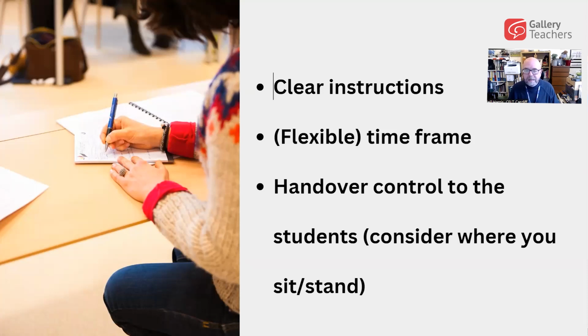If you've got a speaking activity and it's really going well and the students are still improving, you might extend it a little bit. Think also about handing over control to the students. So you might sit somewhere different from where you normally sit, probably normally at the front of the class.